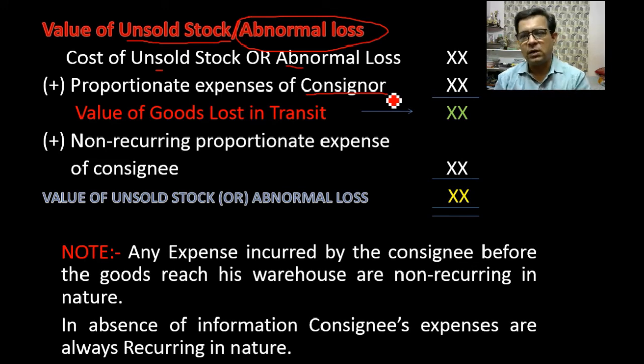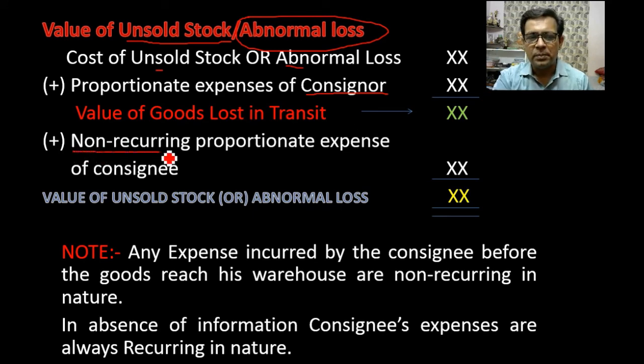What is proportionate? We will understand that. Now, the value of goods lost in transit. If goods are lost in transit, please keep one thing in mind. They are lost in transit. Consignee never received them. If consignee has not received them, that means he has not incurred expenses for those goods. All right. To this, we will add.